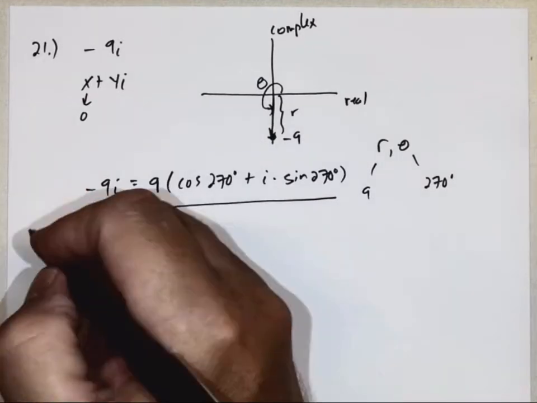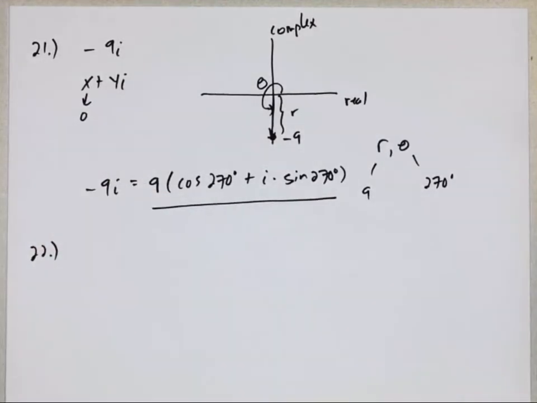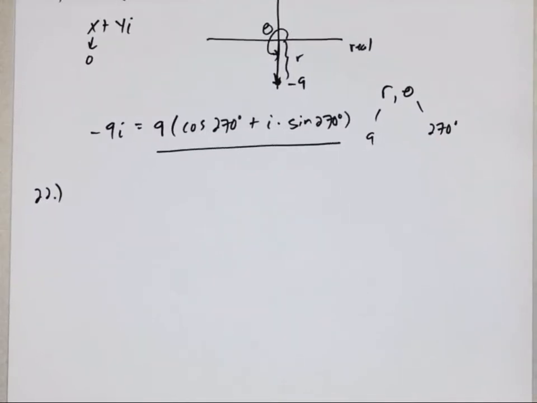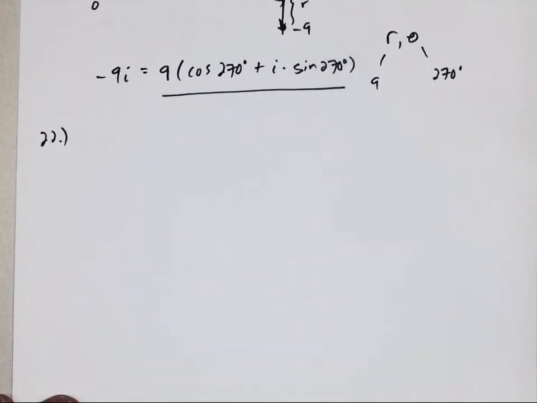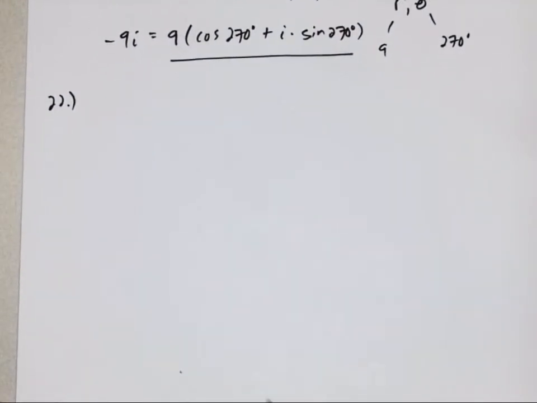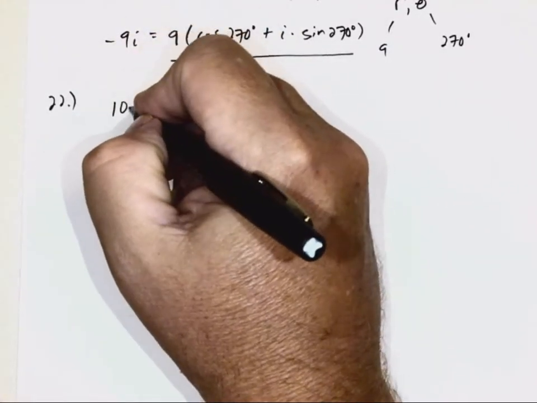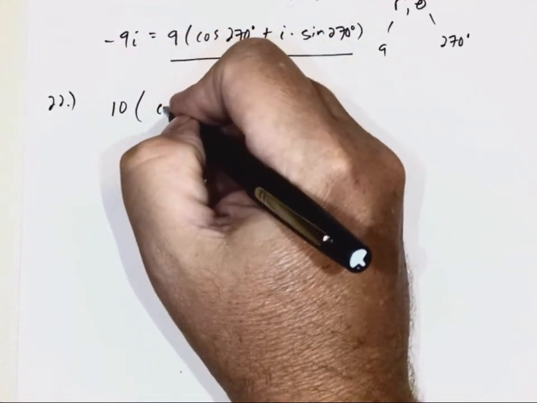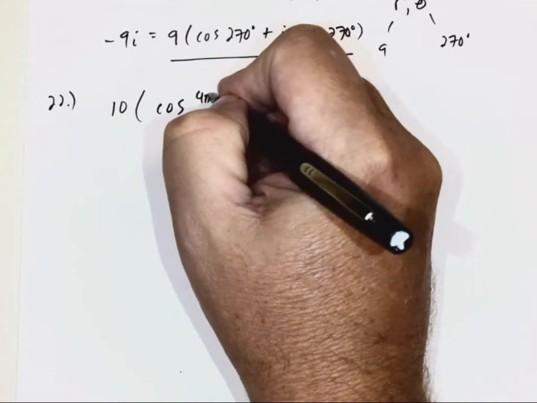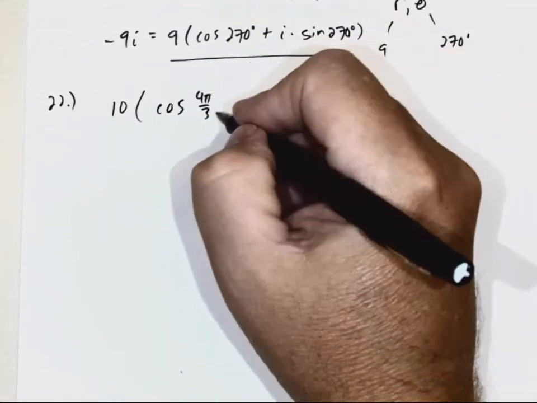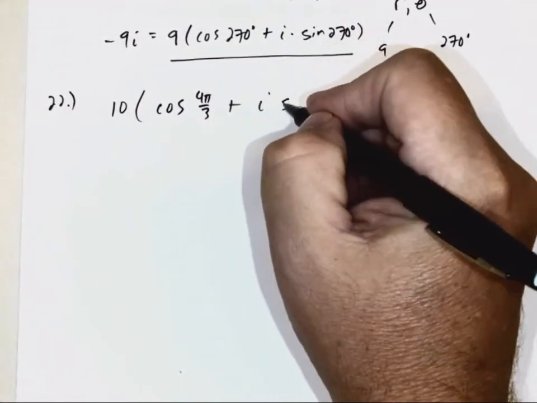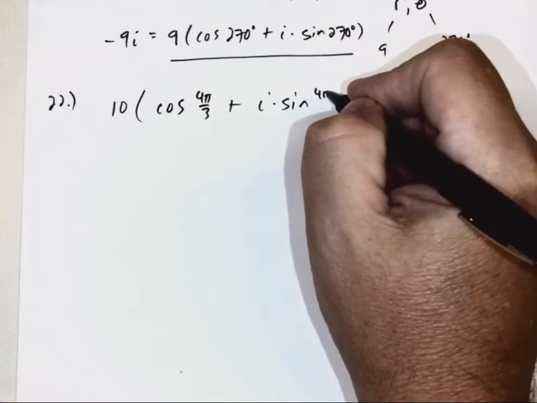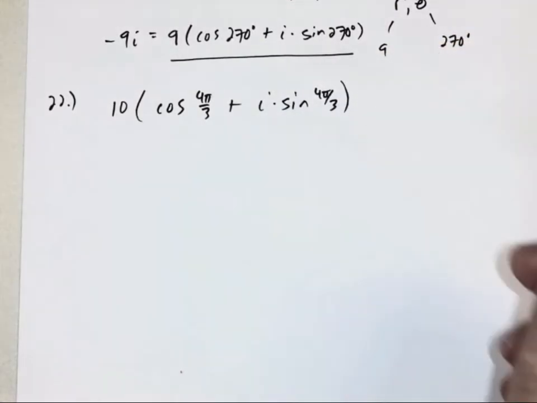All right, now we go the other direction. They give us a complex number written in polar coordinates, 10 cosine of 4 pi over 3 plus i sine 4 pi over 3.